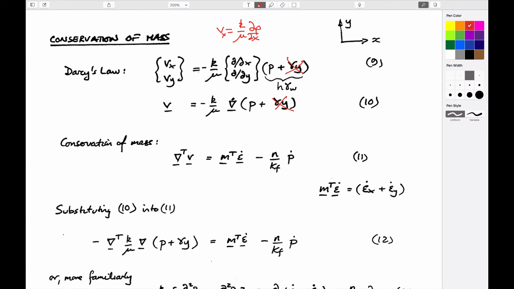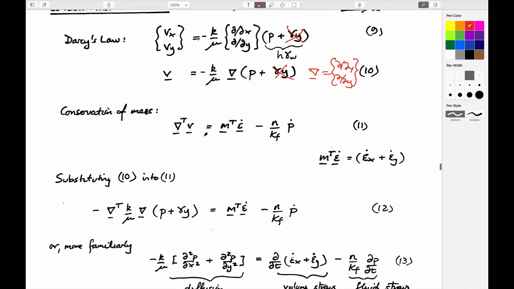So del would just be equal to d dx and d dy in this particular two-dimensional case. That's what this term is here, operating on this. Permeability, viscosity. Conservation equation we're going to write slightly differently.